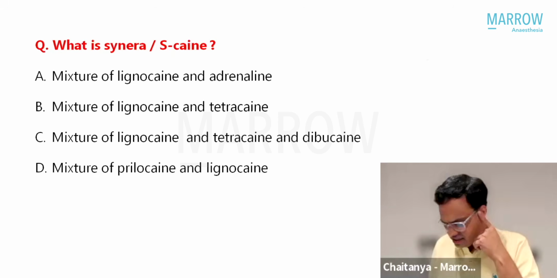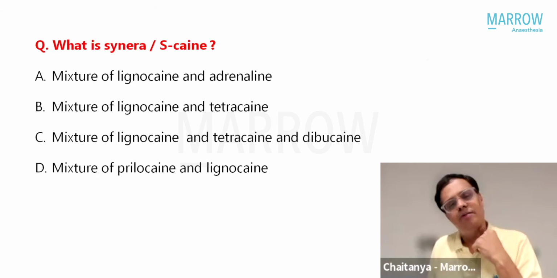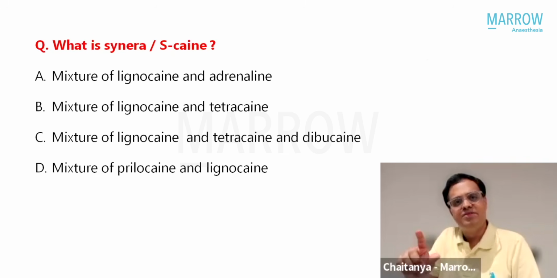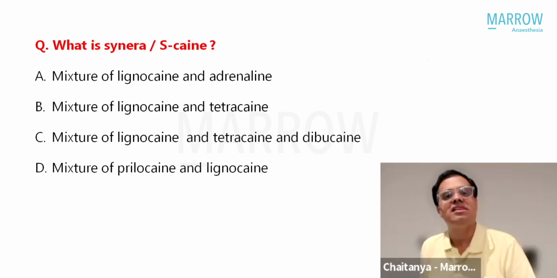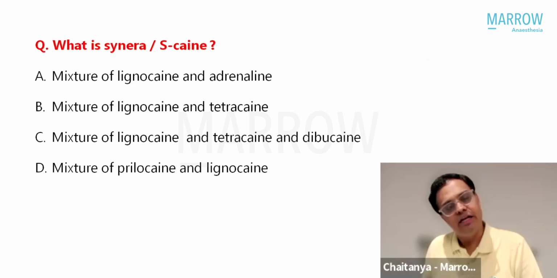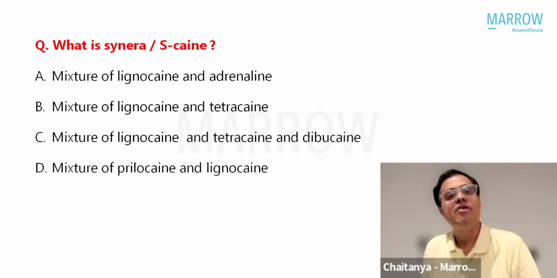The second thing is lignocaine and prilocaine. It is EMLA cream, which everyone knows it will produce surface anesthesia. And lignocaine plus tetracaine, it is Synera, which comes with a heating element. And there it has given TAC, tetracaine, adrenaline, and cocaine mixture. That is also given in the newer formulations of the local anesthetics.